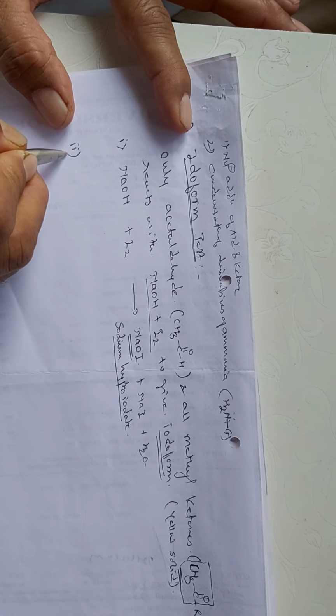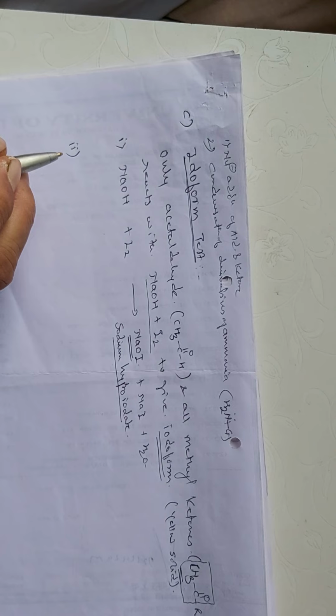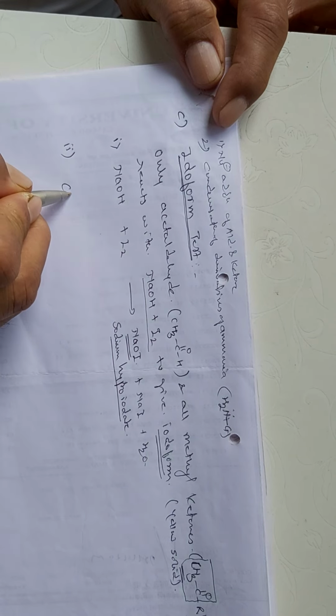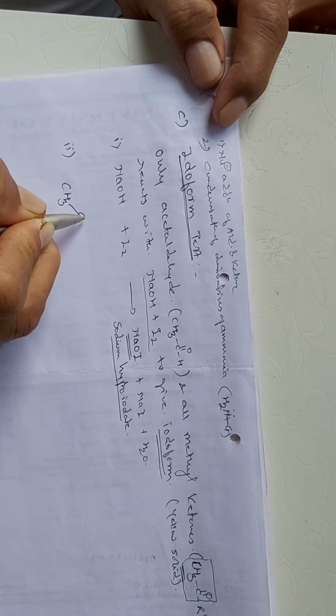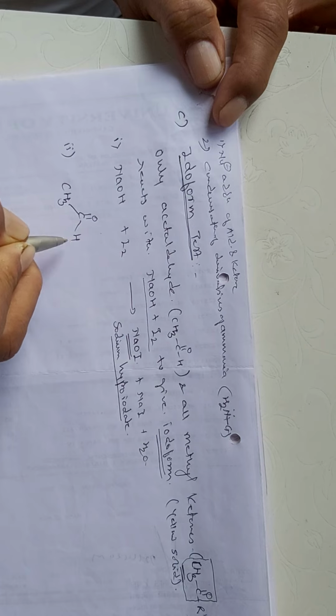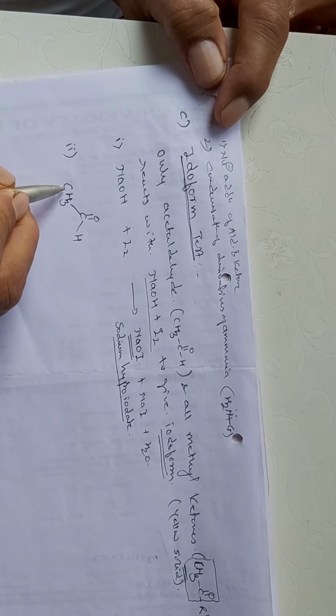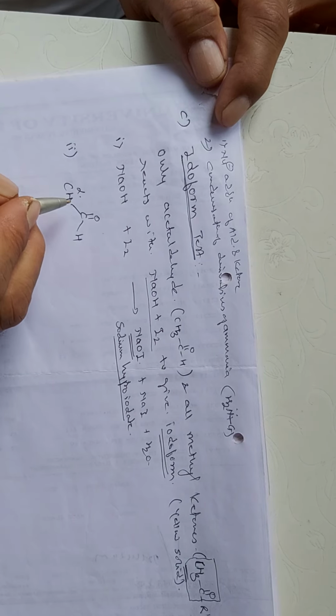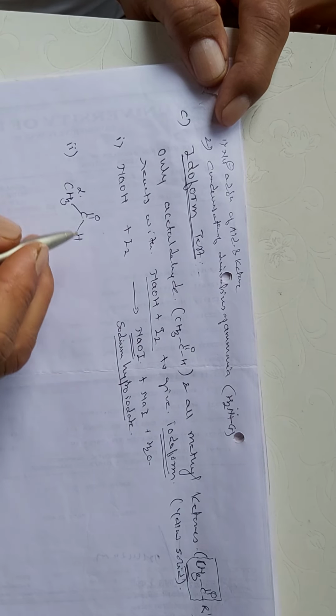This sodium hypoiodite is allowed to react with the aldehydes and ketones which contain the methyl keto group. In aldehydes it is only acetaldehyde, CH3CHO, where any carbon adjacent to the carbonyl carbon is termed the alpha carbon, and so this contains 3 alpha hydrogen atoms.